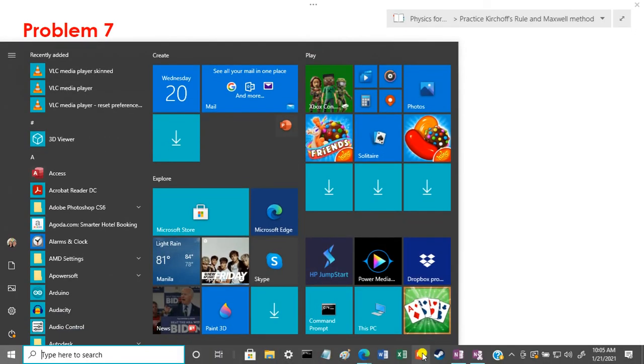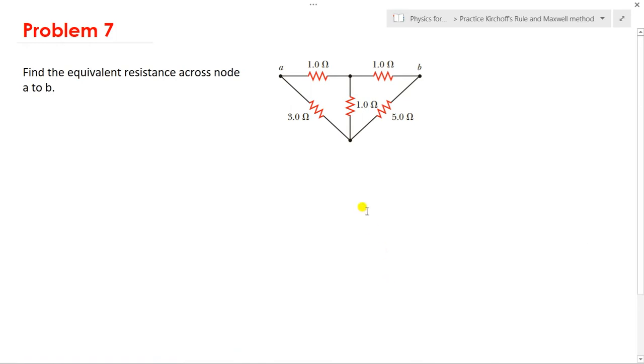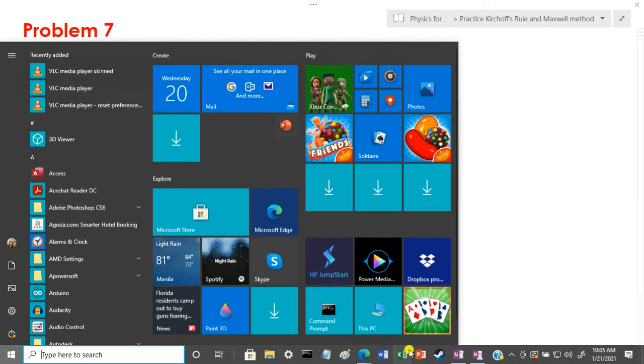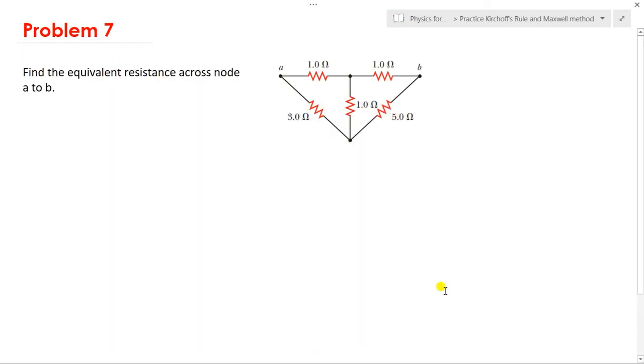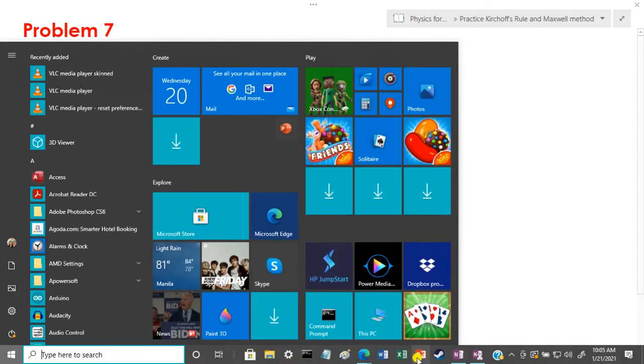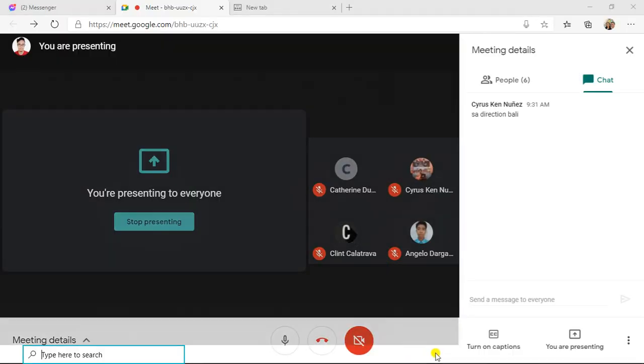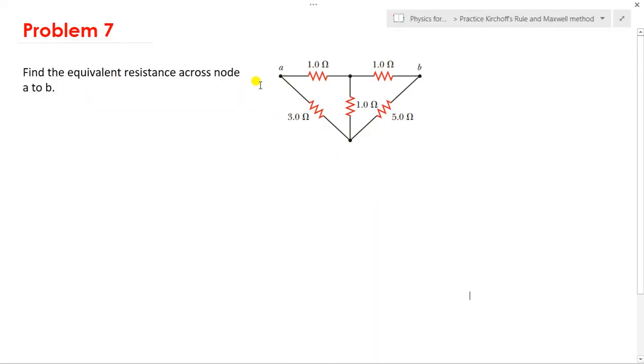Since the time is almost up, let's have this last example. Okay. Class, are you still following? Do you have any idea how to solve this?